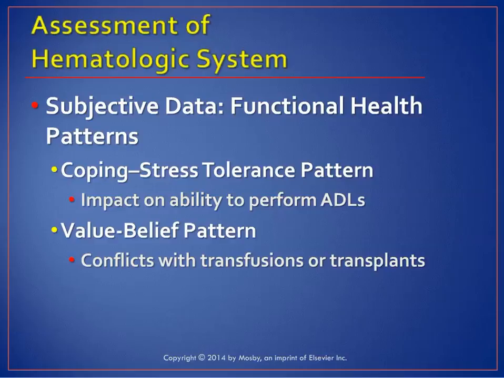Determine the patient's usual methods of handling stress. In the patient with a platelet disorder or hemophilia, the potential for hemorrhage can be so frightening that usual life patterns may be drastically curtailed, affecting the person's quality of life.